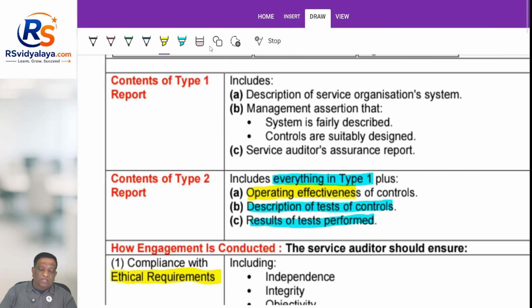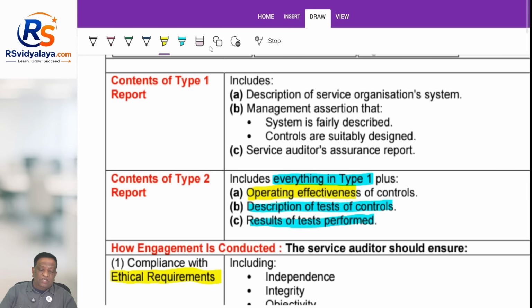Because this is the management assertion, on top of it the service auditor will provide assurance on whether he agrees with management or not. So in these 2 points that you see, one is the description of the system and the second is the design of controls. If these 2 are given, then that is called a type 1 report.